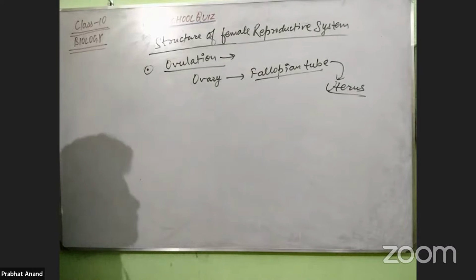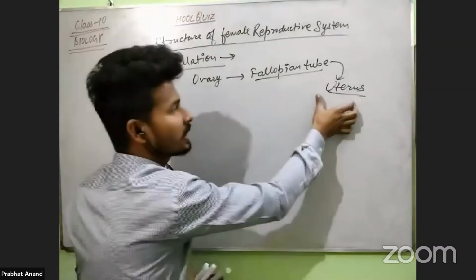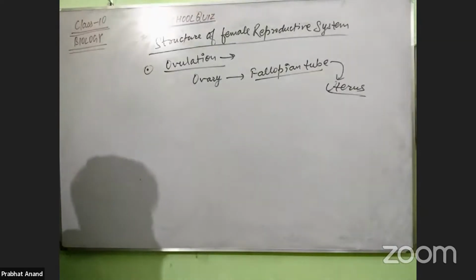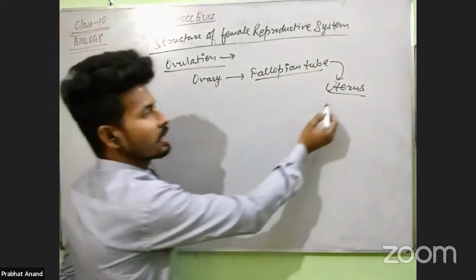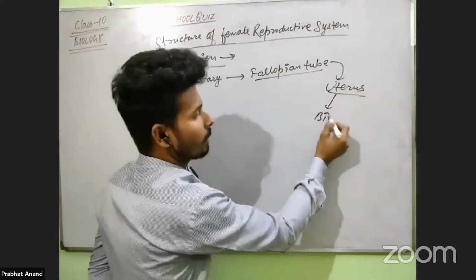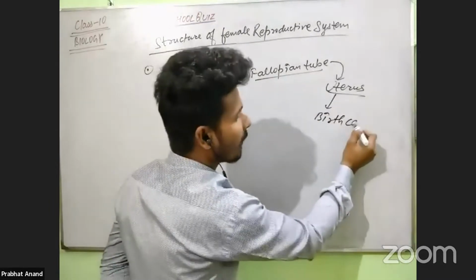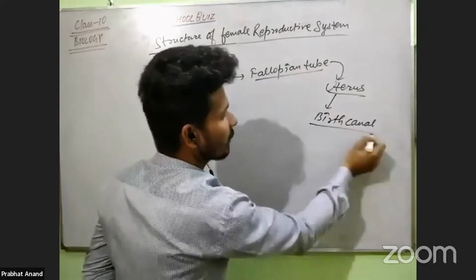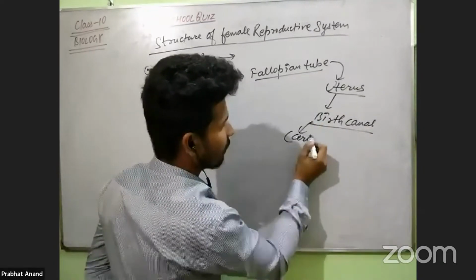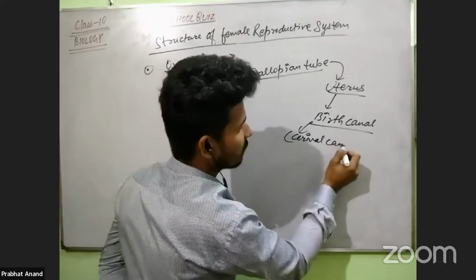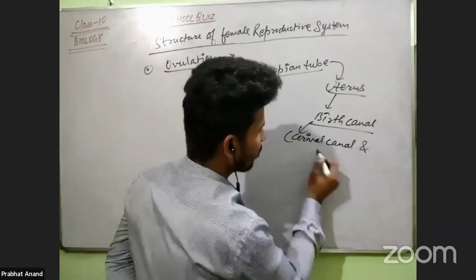And if fertilization occurs, the uterus releases the baby after 9 months, that is the delivery, from the birth canal. The birth canal consists of both parts, the cervical canal along with the vagina.